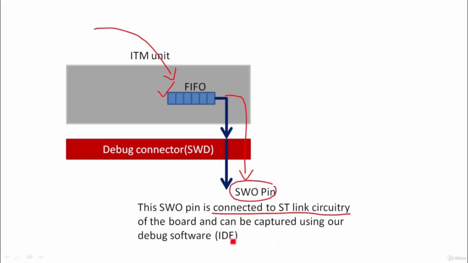Let's see in a moment how to do that. But this is the idea behind how printf works in an ARM Cortex-M processor. There is an ITM unit and it has a FIFO, and your printf should write into that FIFO, and that FIFO is connected to the SWO pin, and through that you get the message back to the IDE.